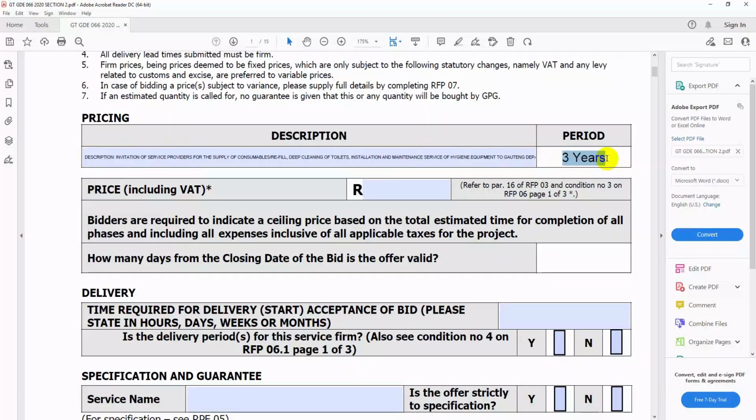Make sure that your prices are all included for the next coming 3 years. You will be paying your employees, you'll be buying maybe sanitizers, I don't know, on a quarterly basis or what, for the next coming 3 years. So please take note of this part.